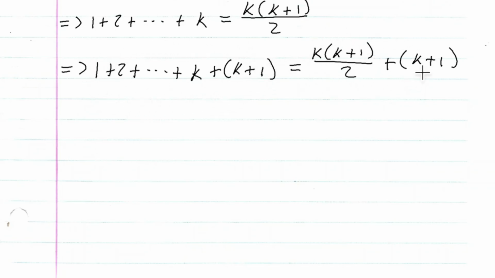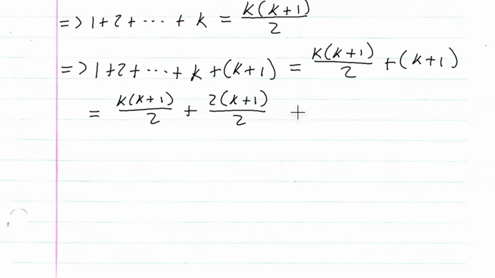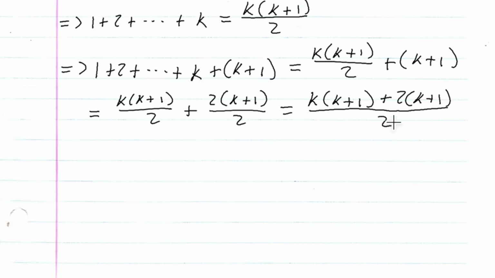Now we just got to work on our right-hand side. So this is equal to k times k plus 1 over 2, plus k plus 1. And to add these two, we need a common denominator. So we can just rewrite k plus 1 as 2 times k plus 1 over 2. And now that we have a common denominator, we can combine the numerators. So this is k times k plus 1 plus 2 times k plus 1 all over 2.